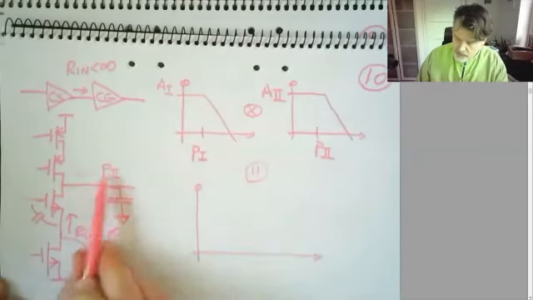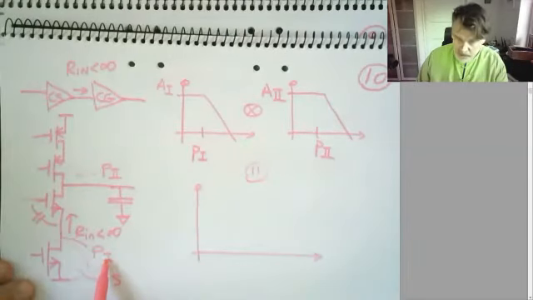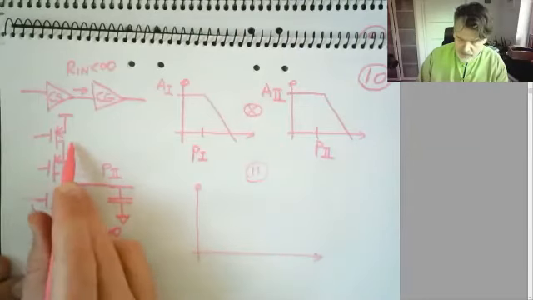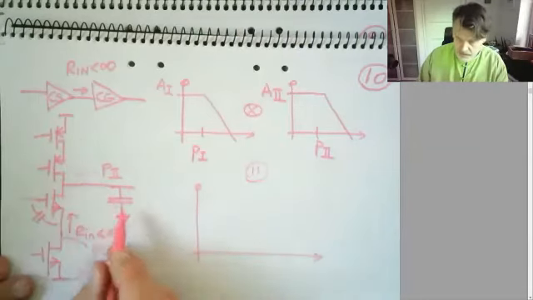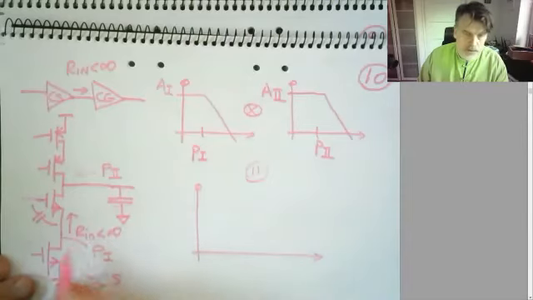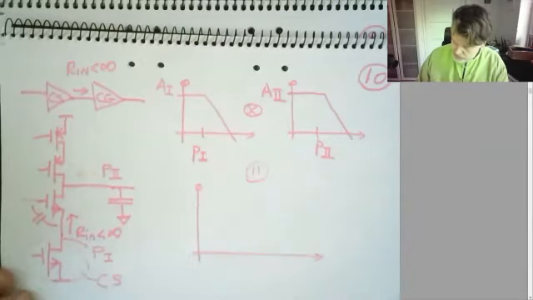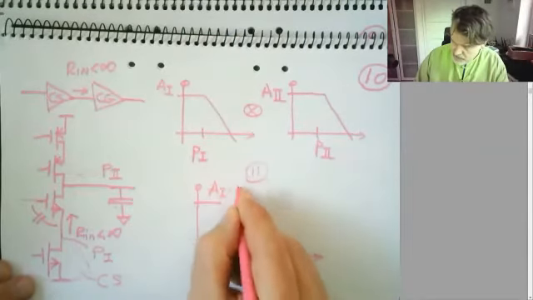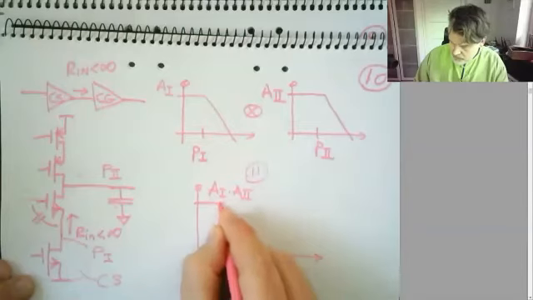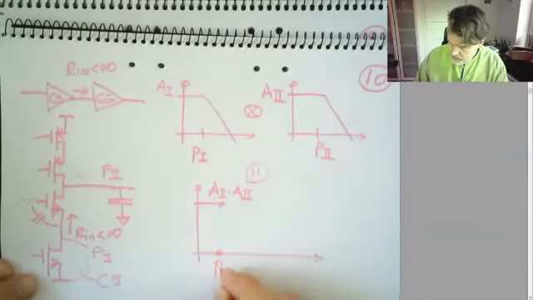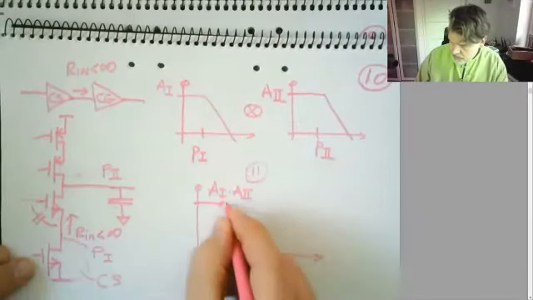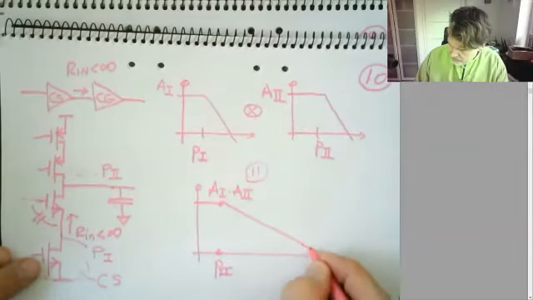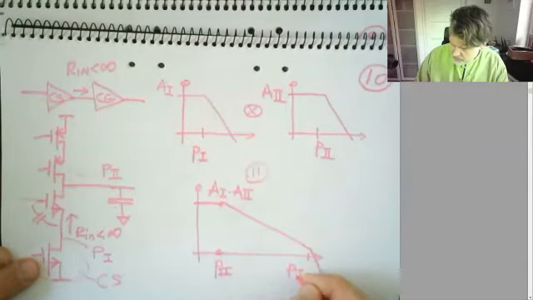Now actually I'm pretty certain that P1 will be higher up in frequency and P2 will be very low in frequency. It has a high output impedance and it has a capacitive load. This has a low impedance associated with this node. So I'm pretty certain that A1 times A2 will give me a P2 here, and now I'm exaggerating a bit, but say P1 is up here.